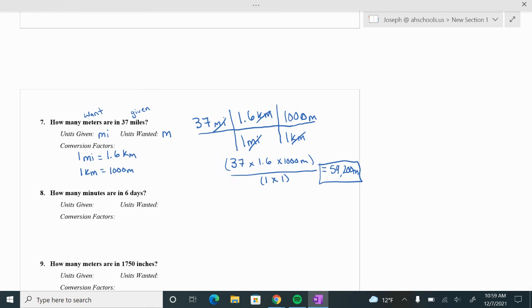So the next one is asking for minutes and days. We're given units of days, and we want minutes at the end. I'm not going to give you the conversion factor numbers, but I'm going to help you out by telling you that we want to go from days to hours and hours to minutes.